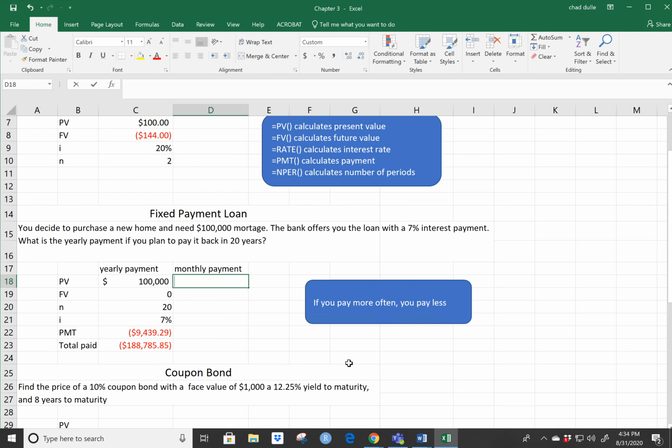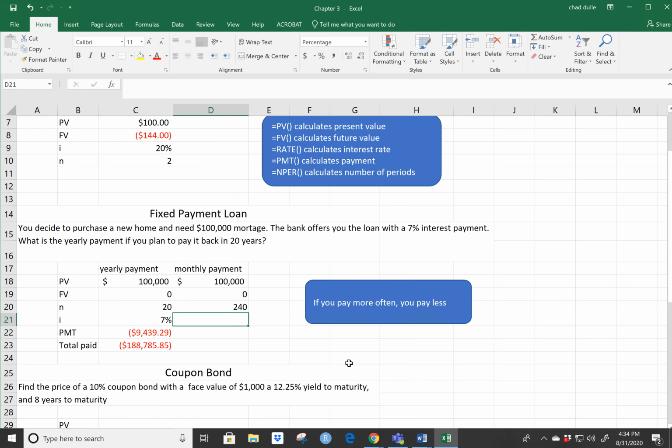So let's assume we do it monthly, which is what mortgages actually are. The present value and the future value are the same. For N here, since there's obviously 12 months in a year, 20 years, the number of payments is 12 times 20, 240 months. And the interest here, obviously this is in terms of months now, so it's not 7% a month, this is yearly.